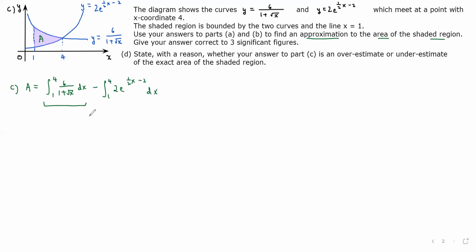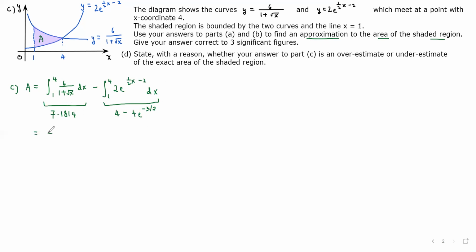This part from part A is 7.1814, and from part B, this is 4 minus 4e to the negative 3 over 2. This area is an approximation because the area under the first curve here, the upper curve here, is an approximation.